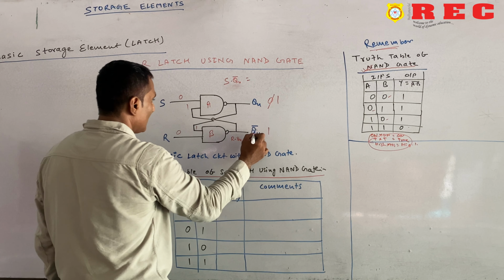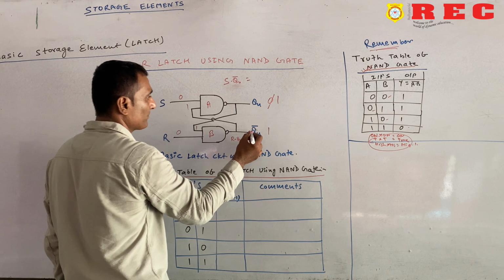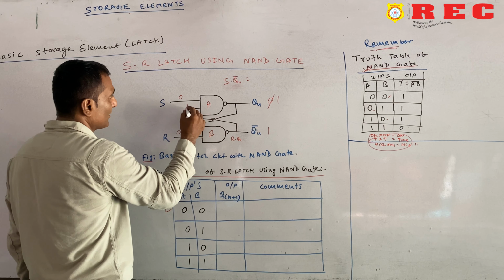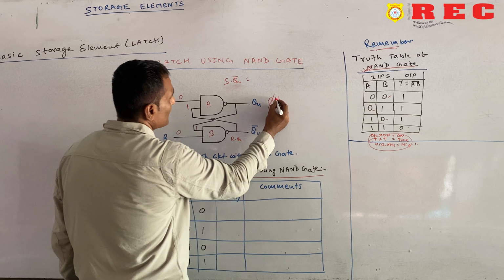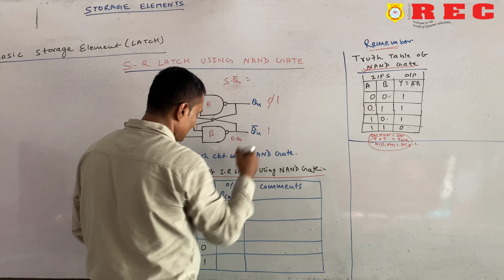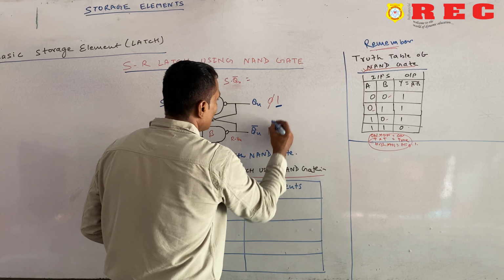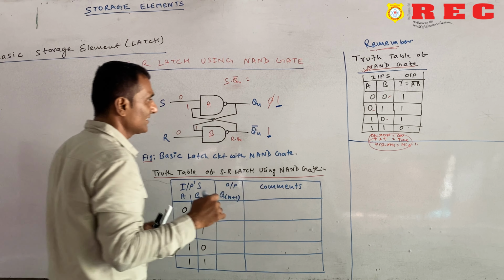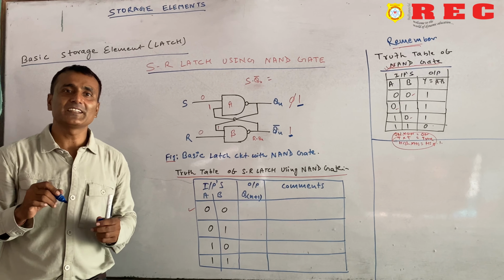This 1 again goes around, because we have to complete the loop. Again this 1 will come here, already 1 here, 0, 1, 0, it will be 1. So what we are getting here is 1 and 1. And this condition will never happen.